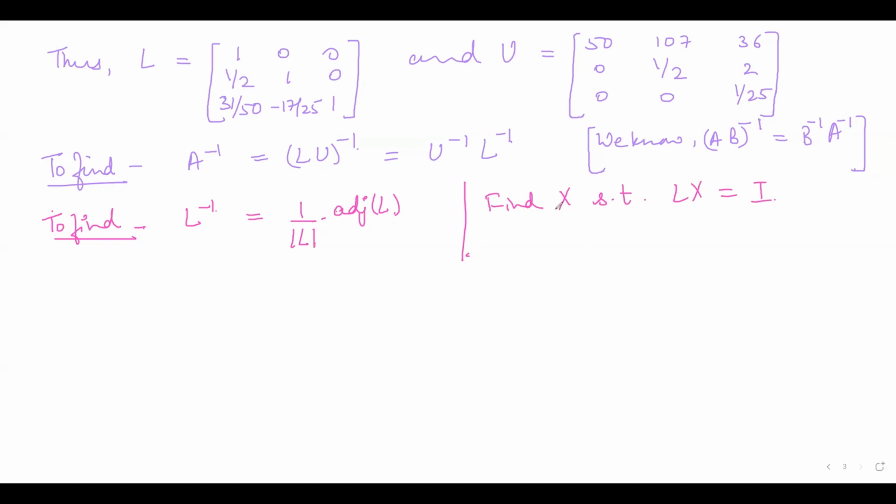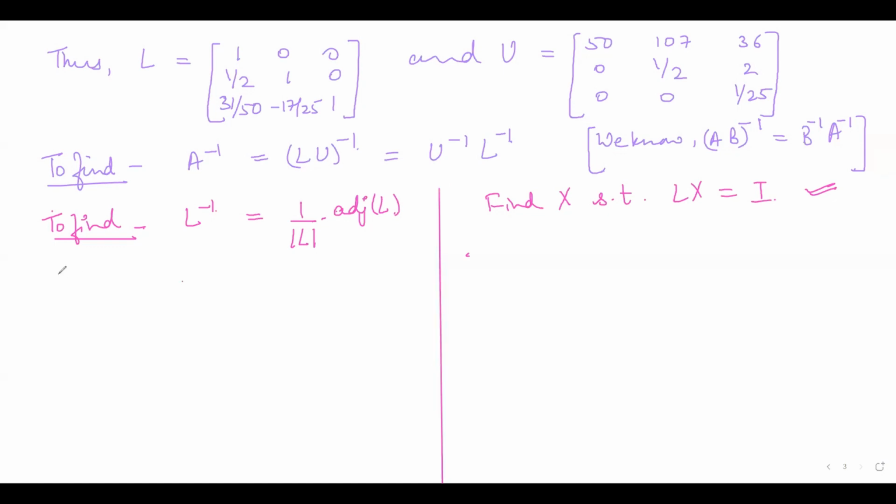So I'll be doing this particular option as well, so let me do both so that you can compare. First of all, we'll be finding out the L inverse using this.